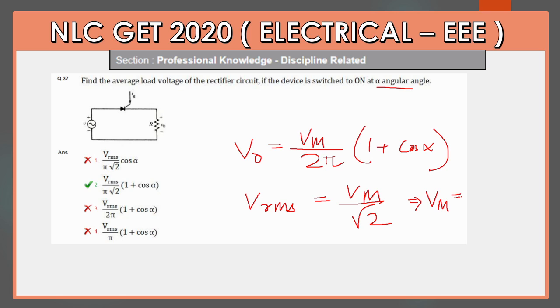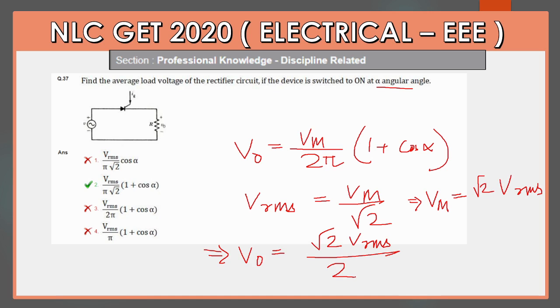What is Vm? Vm is equal to root 2 into Vrms. So you can write V0 equal to root 2 Vrms divided by 2 pi into (1 plus cos alpha). Root 2 and 2 will be cancelled, and the denominator root 2 will come. So the answer is the second option, Vrms by root 2 pi into (1 plus cos alpha).